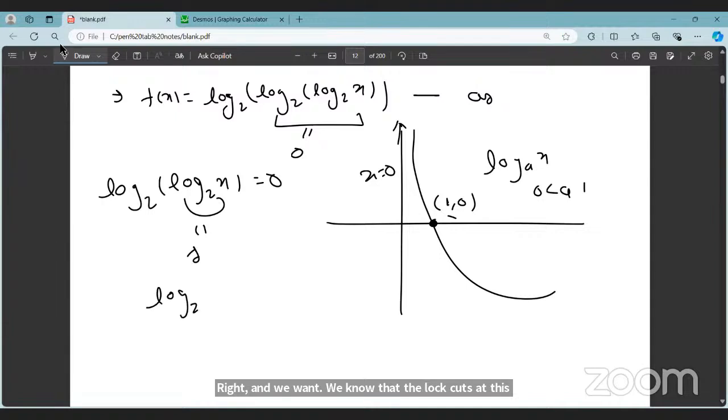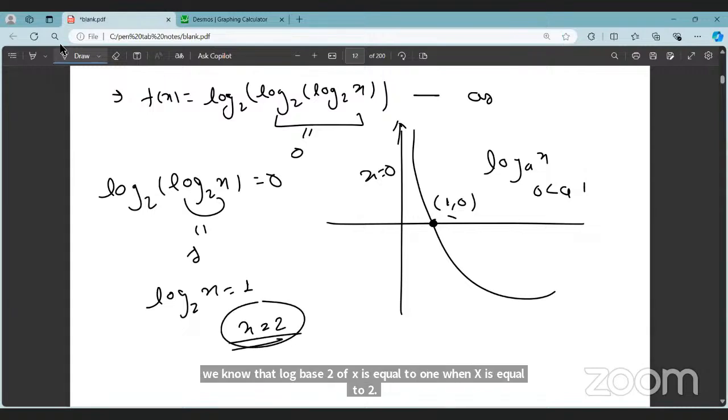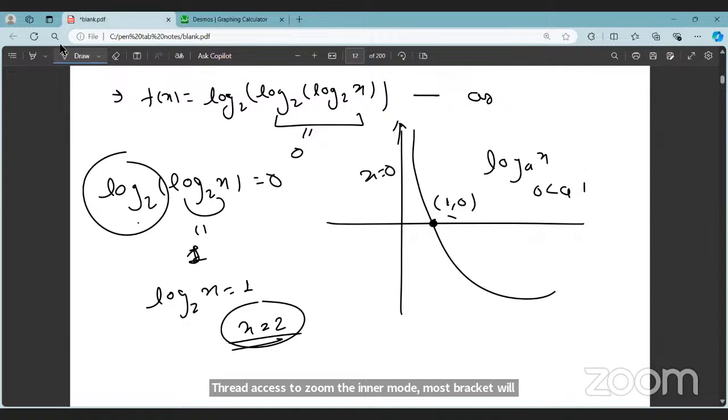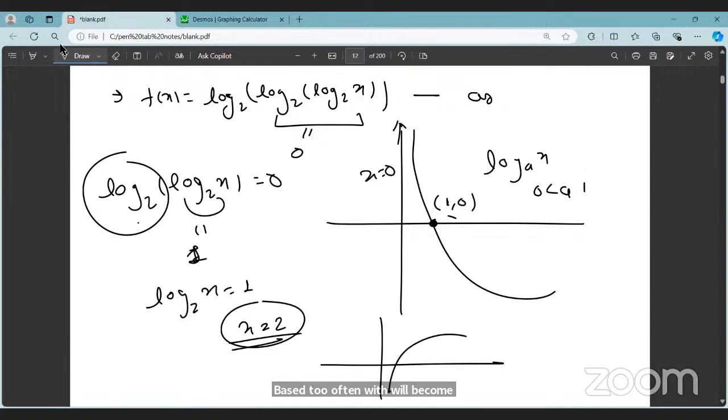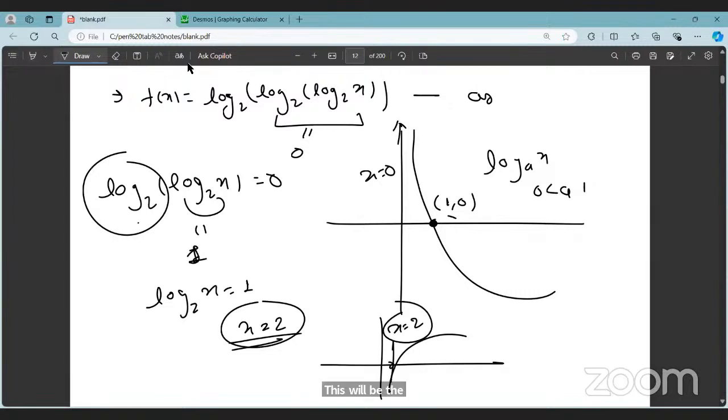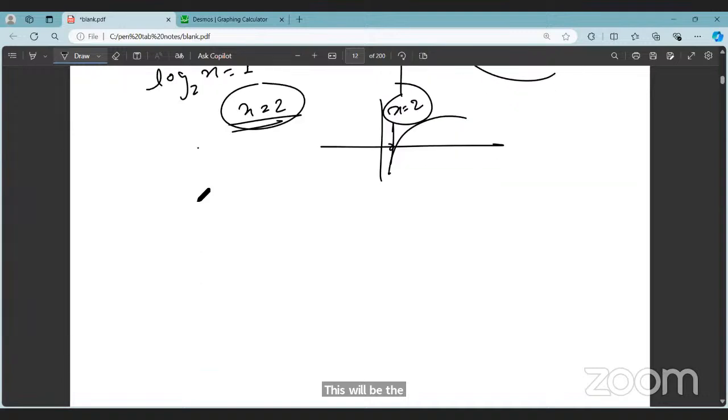And log base 2 of x equals 1 when x equals 2. So at x equals 2, this innermost bracket becomes 1, and then log base 2 of 1 becomes 0, and at that point we have the asymptote. So this will be the graph, and x equals 2 will be this line. Confused with y. Okay, right.